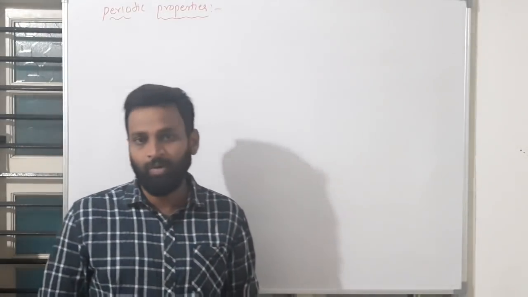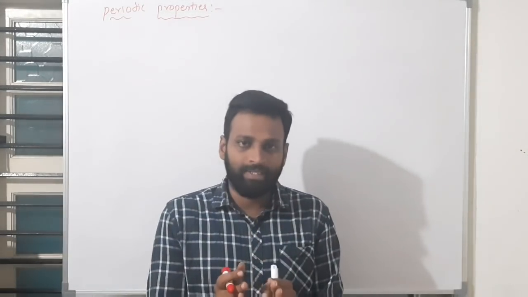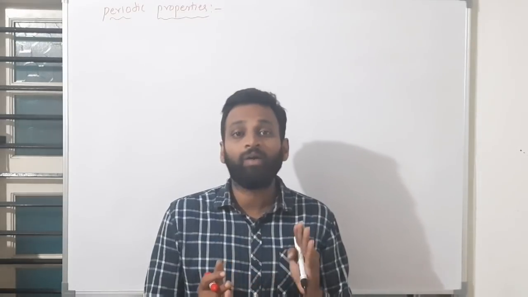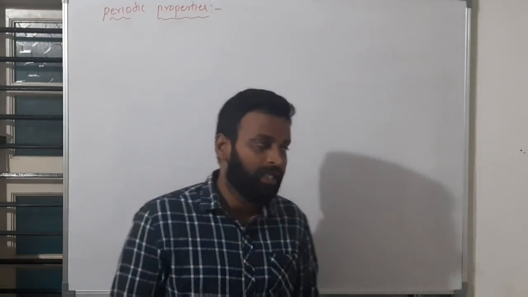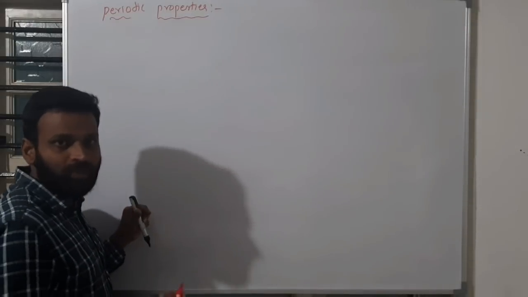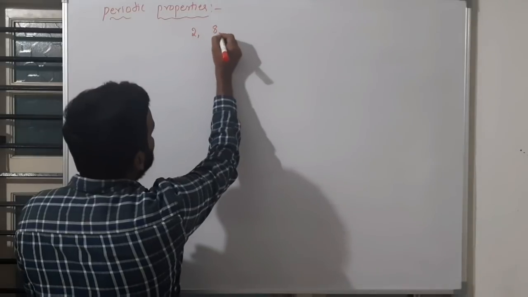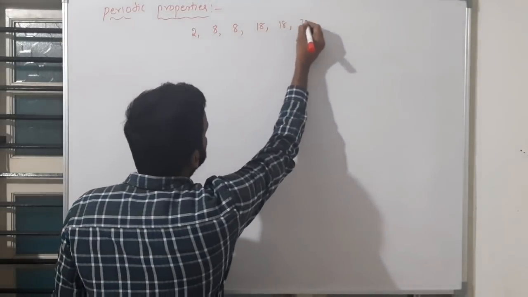Certain properties will repeat at regular intervals. So what do regular intervals mean? After every 2 elements, 8 elements, 8 elements, 18 elements, 18 elements, 32 elements.